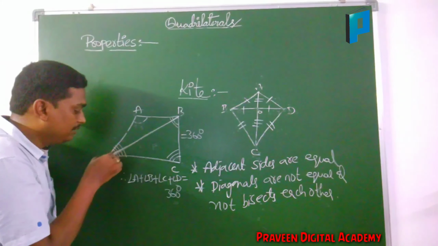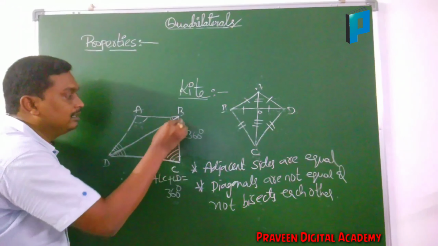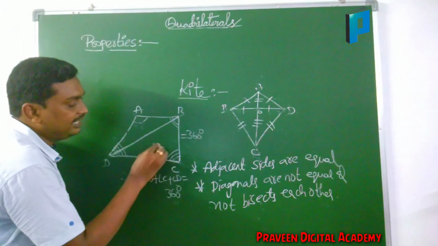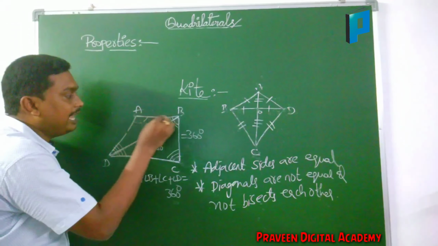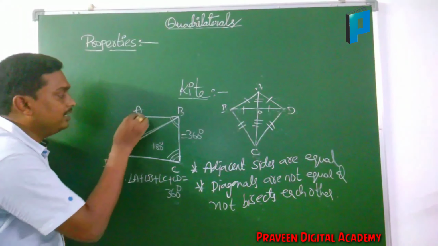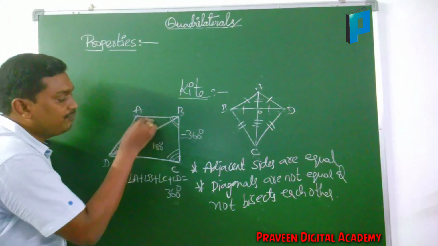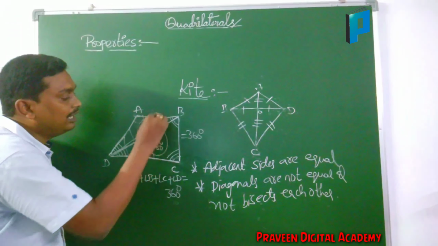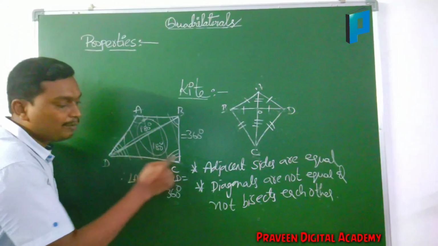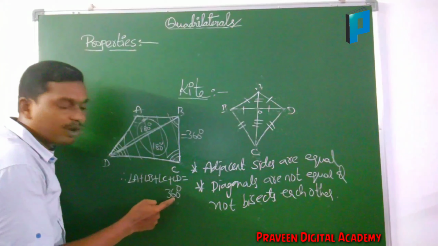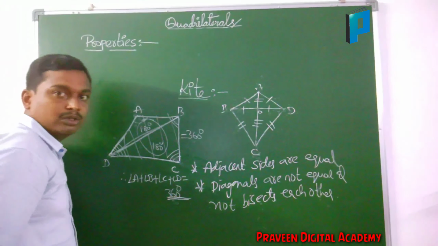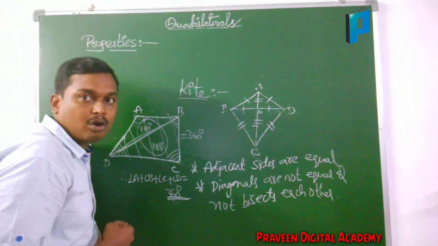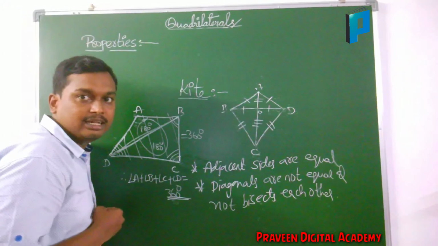The triangle BDC interior angles sum is 180 degrees. Triangle ABD is also 180 degrees. If you add these both, you will get the total sum of all the angles of a quadrilateral, which is equal to 360 degrees. These are the properties of different quadrilaterals.